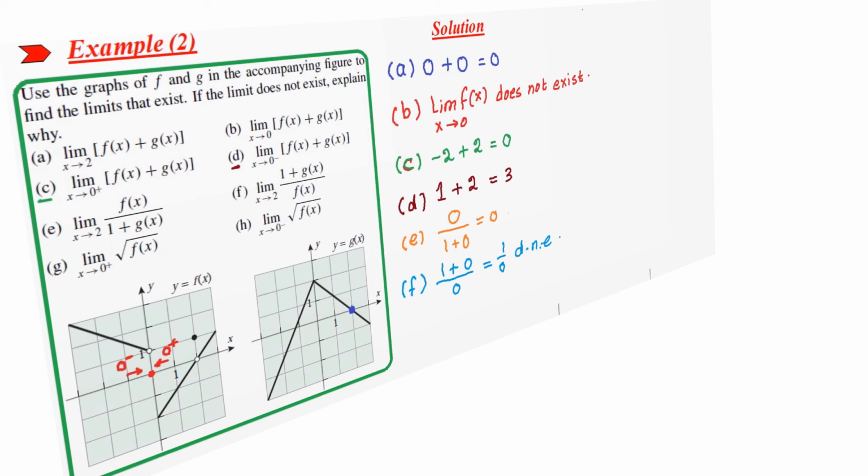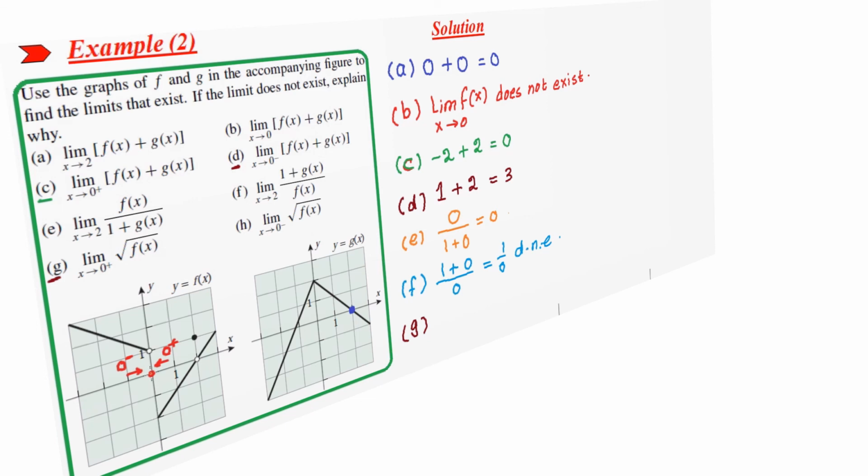In part G, pay attention, we have square root, and it's not allowed to have a negative quantity inside the square root. So the limit is limit x goes to 0 from right for the function f of x under square root.